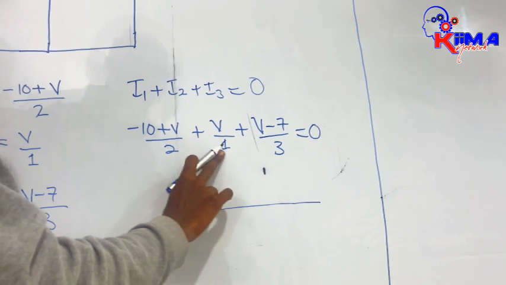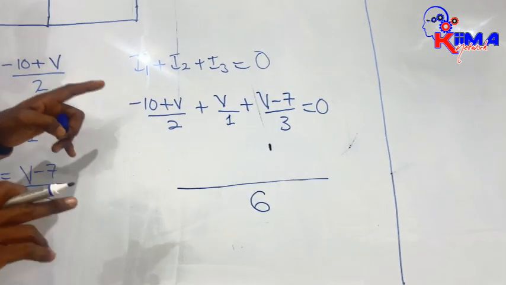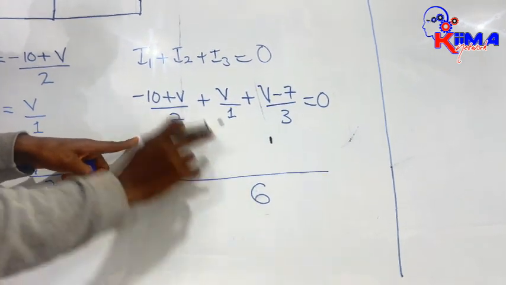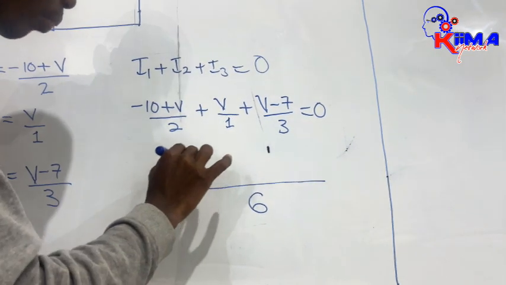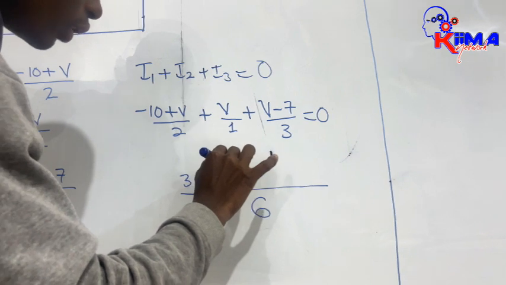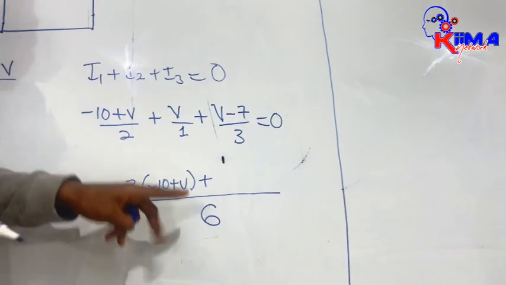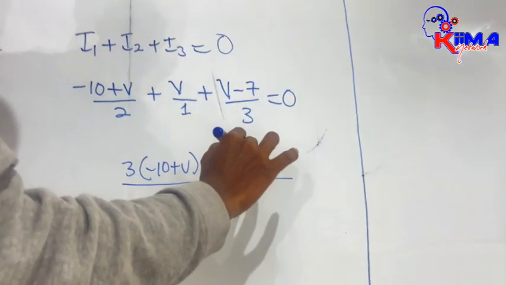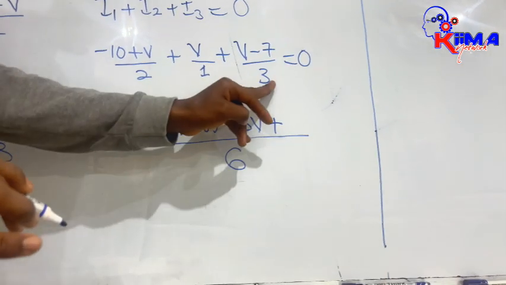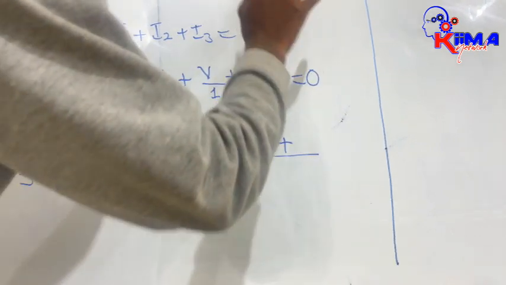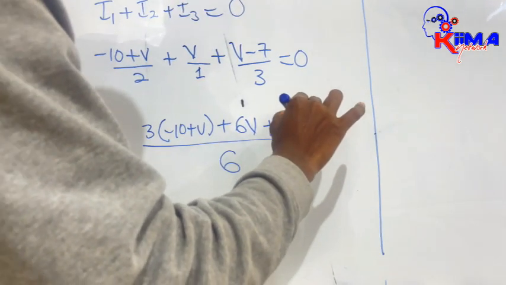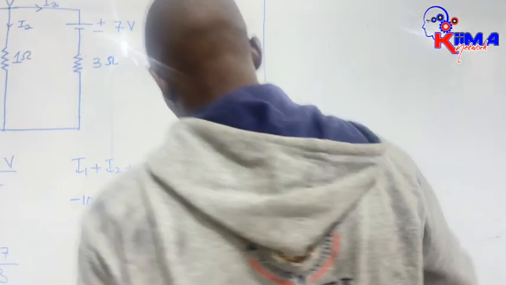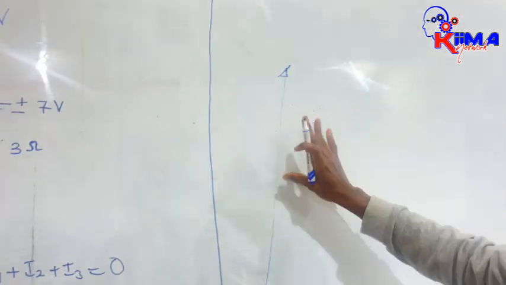Now 2 goes into 6 three times, so we get 3 times the bracket minus 10 plus V, plus 1 goes into 6 six times, so we get 6V, plus 3 goes into 6 two times, so we get 2 times the bracket V minus 7, equal to 0.